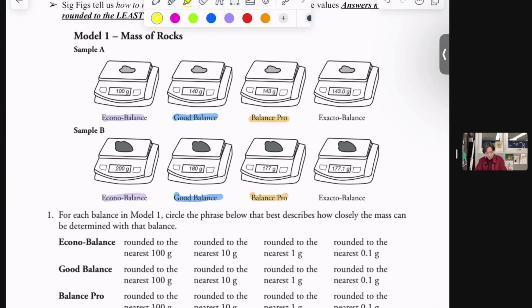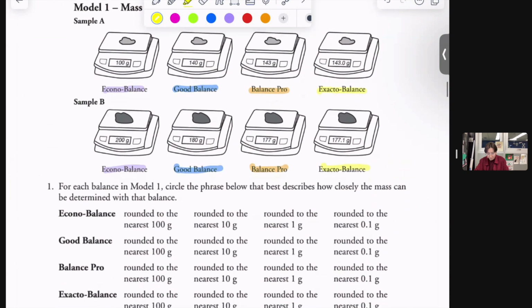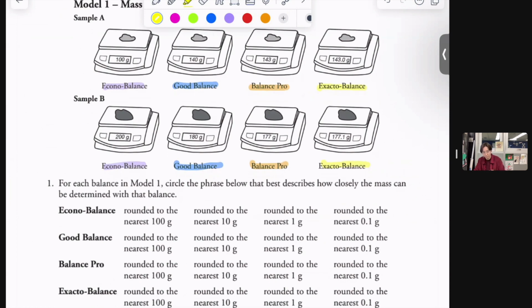Same rock on all of the balances, but as we are going to see soon, we got different numbers for the rock depending on what balance we put it on. So we want to determine how closely the mass can be determined with each balance.